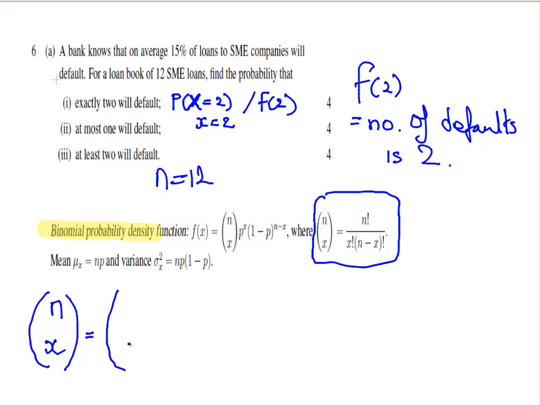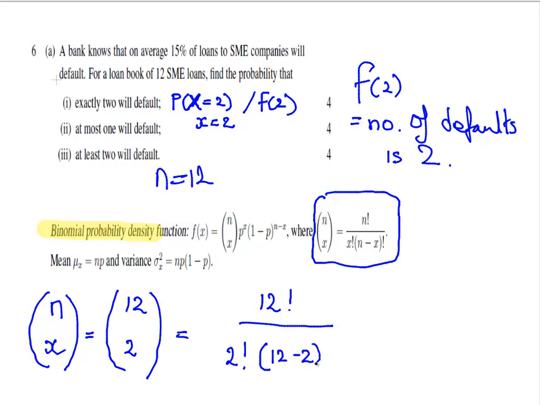Using the numbers we're using here, 12 choose 2, that's equal to 12 factorial over x, here 2, so 2 factorial, times n minus x, 12 minus 2, that's equal to 10 factorial.